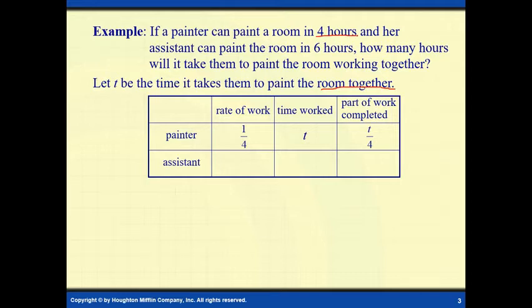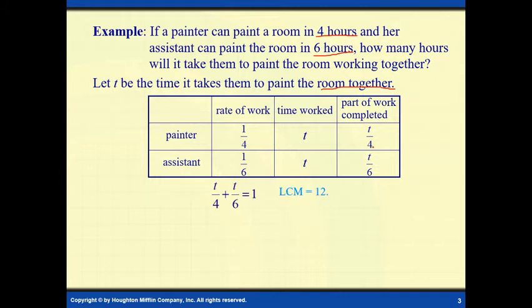The time worked, we're not sure what it is, so we just put down the t, and so part of the work completed is t/4. Now notice the assistant is 6 hours to paint this room. And so notice how part of the work completed, this is where our unknown is at, t/4, t/6.